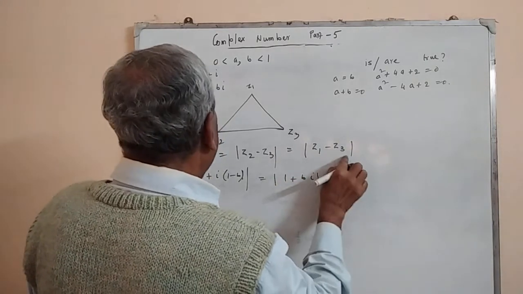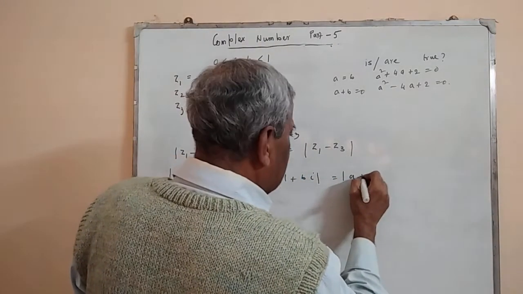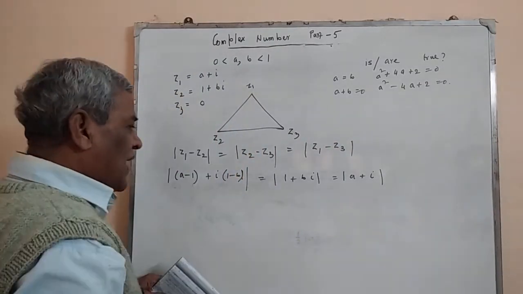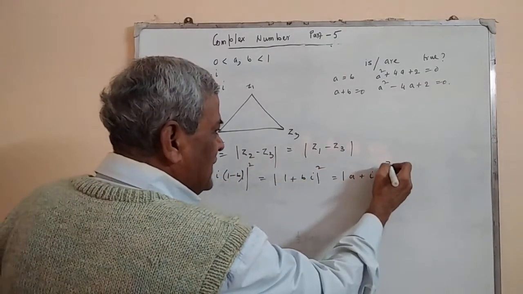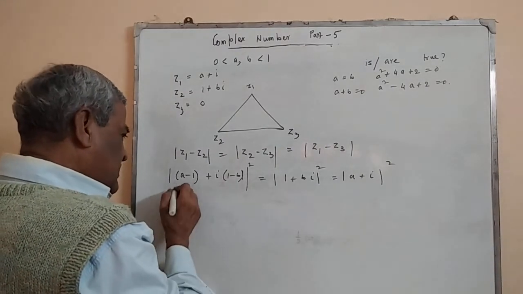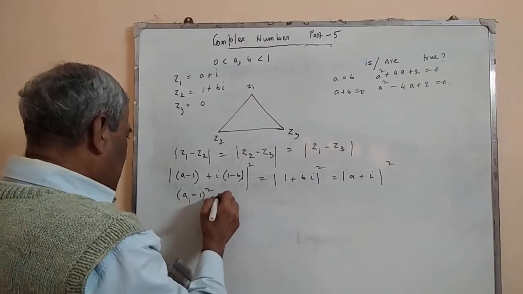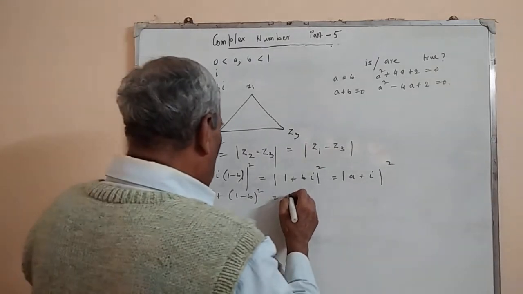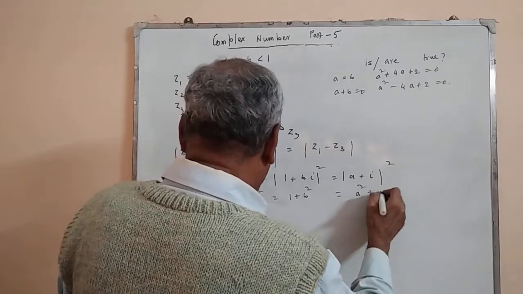Z1 minus Z3 is the mod of A plus i minus 0. We can say this square is equal to this square is equal to this square. From this, A minus 1 whole square plus 1 minus B whole square is equal to 1 plus B square is equal to A square plus 1.